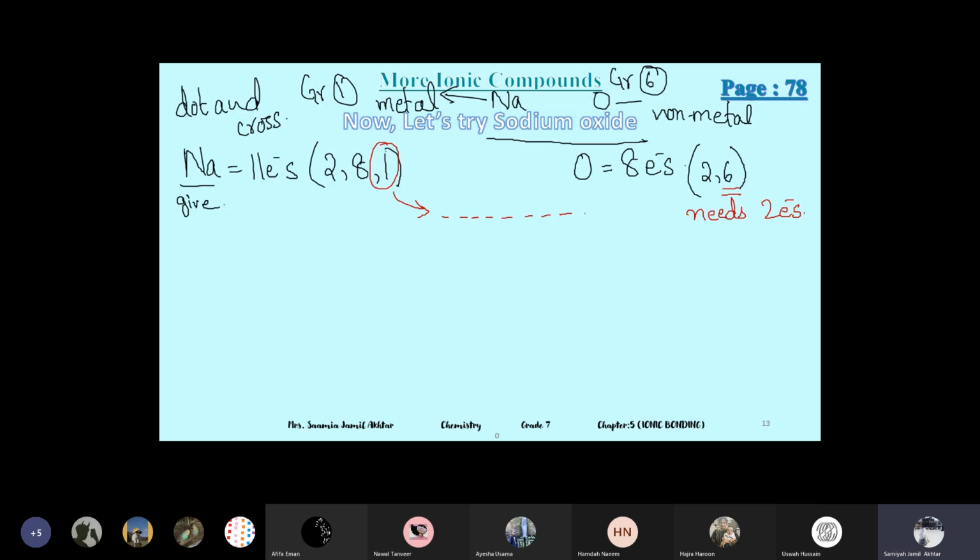We will bring another sodium. So oxygen needs 2 electrons. One sodium will give 1 electron to oxygen, and another sodium will come in the story, and it will also give that one extra electron to oxygen.